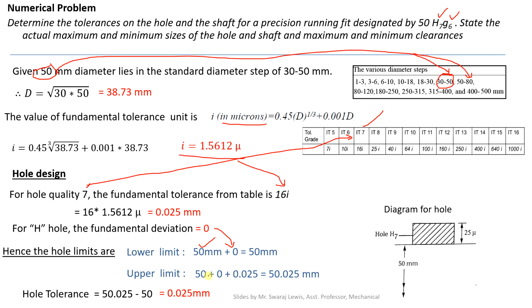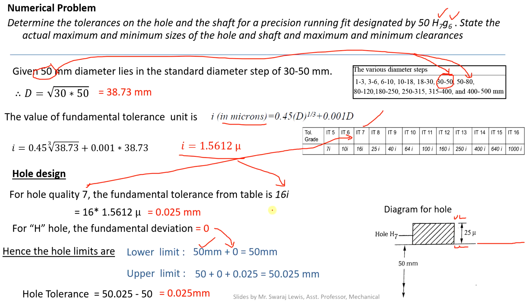I can see here 50 mm is a basic hole. Since there is no fundamental deviation for the H hole, the entire diagram lies on the basic line, and from there we are going to have a small tolerance of 25 micron or 0.025 mm, and the lower part will be the lower limit and the upper part will be the upper limit.